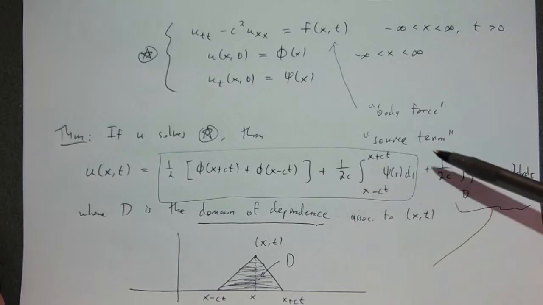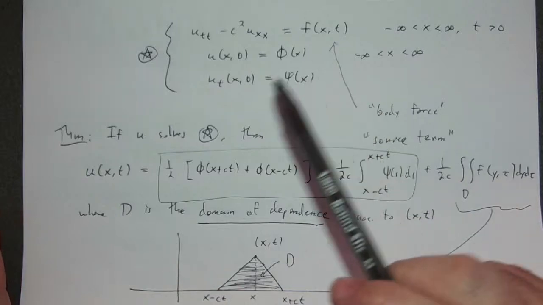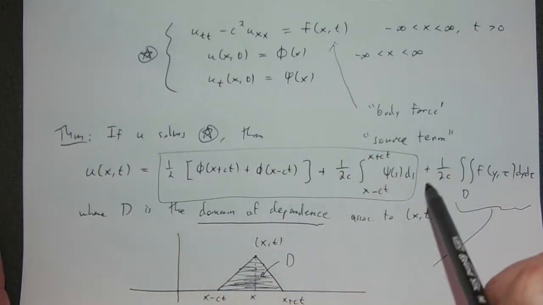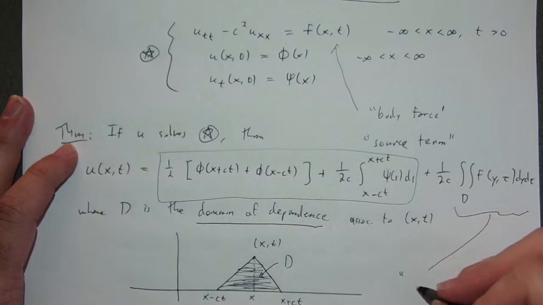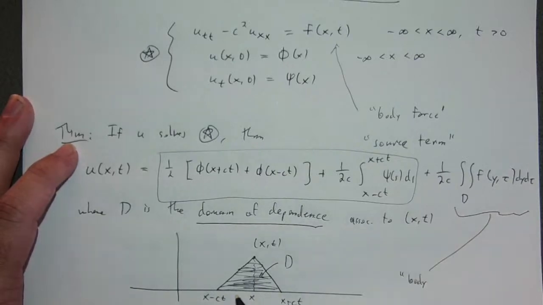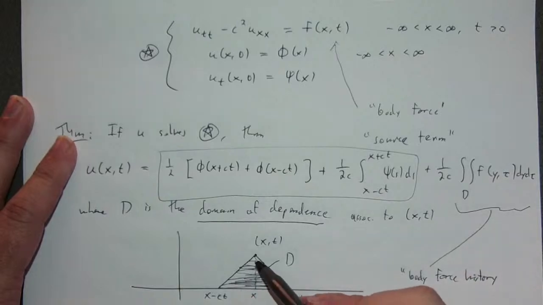I am integrating this, so I'm computing displacement here. To compute displacement, I do my usual thing from D'Alembert's, but then to get the accurate displacement, I need to do this integration, which is the body force history over the region of space and time that matters, the region that I know contributes to the displacement value here.